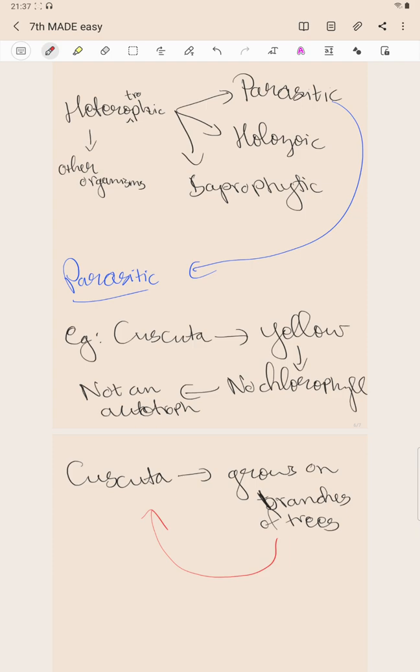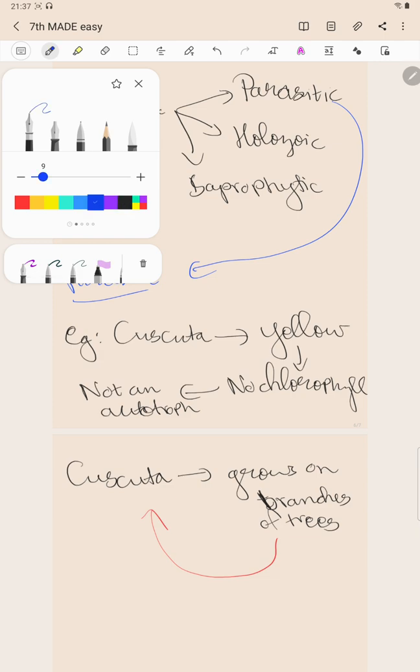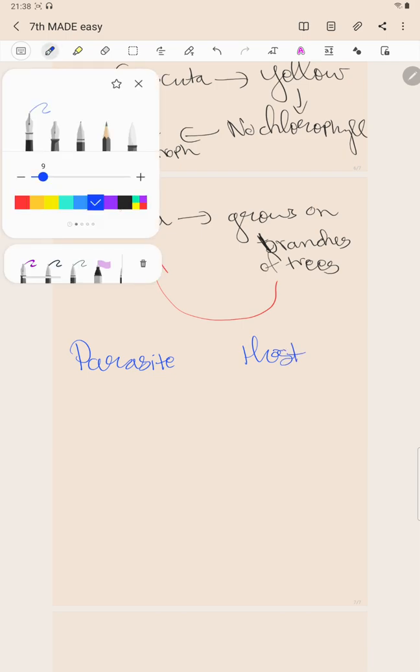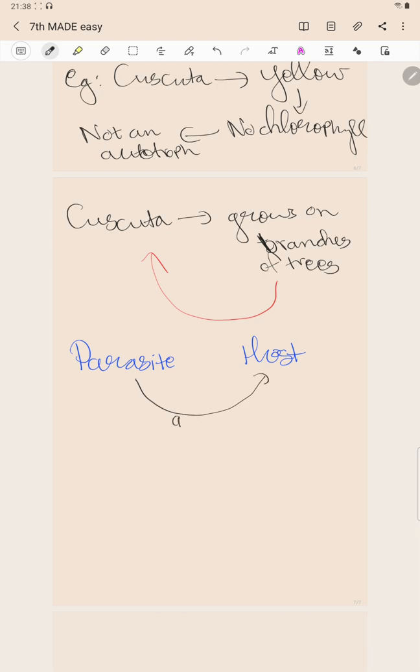This is nothing but the plant Cuscuta. And in a parasitic mode of nutrition, there are two elements: one is the parasite and the other is the host. The parasite grows on the host by using climbers. It's just one of the examples where Cuscuta usually uses climbers.